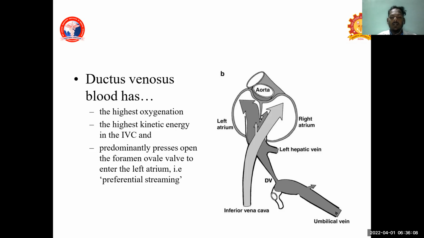So the blood which is entering into the IVC from the umbilical vein via the ductus venosus has the very highest kinetic energy, so it predominantly presses open the foramen valve to enter the left atrium. So it travels to the left side, opens the foramen valve and enters into the left atrium. This is called preferential streaming.